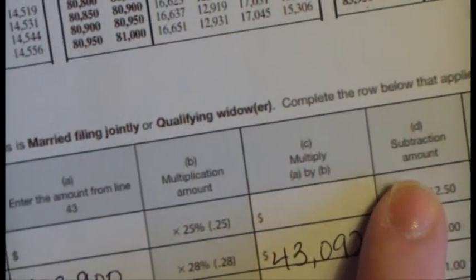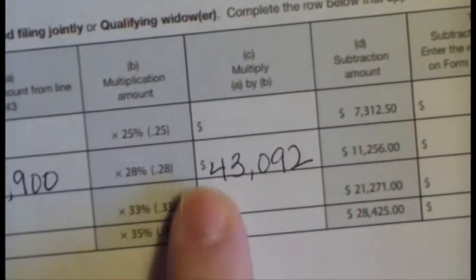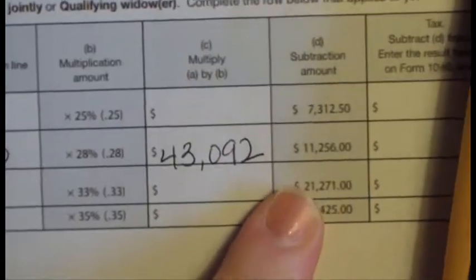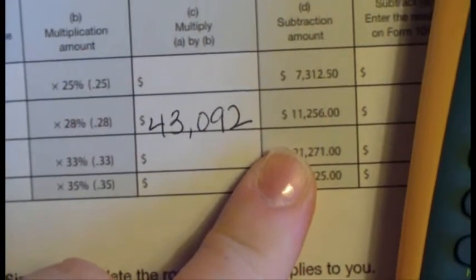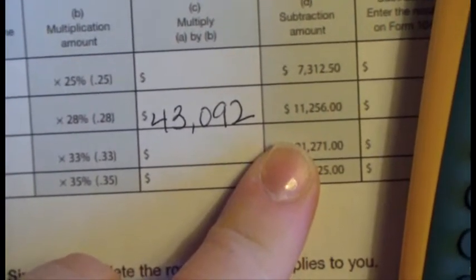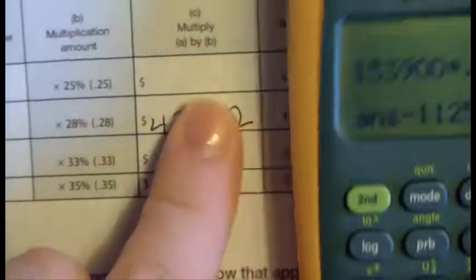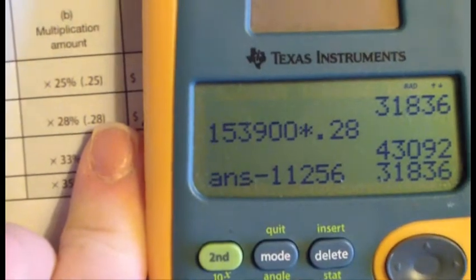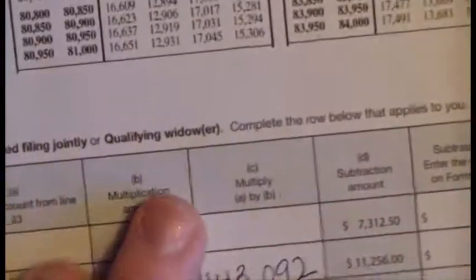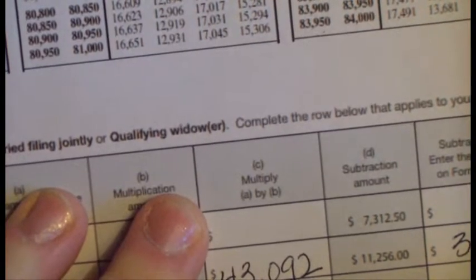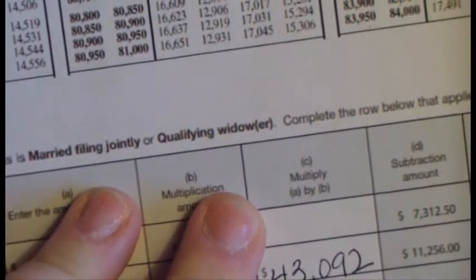And then it says subtract amount. So we're going to do this number minus this number: 43,092 minus 11,256. And that gives us 31,836, which I believe was what we got in example 3 also. So let's look. Yeah, that's exactly what we got in example 3 also.